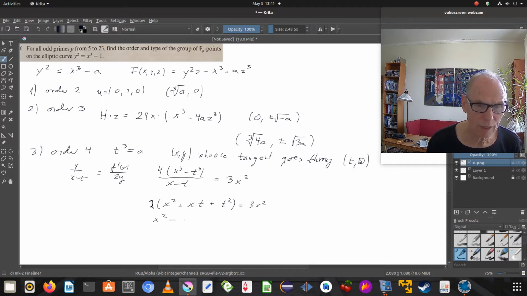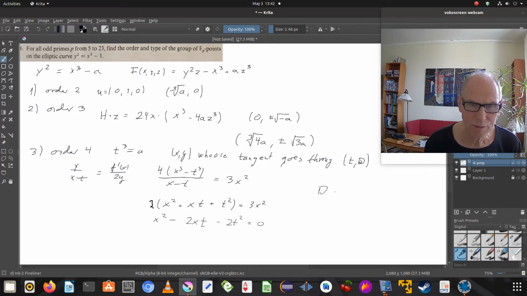X squared minus 2xt minus 2t squared. I set 2xt and then it refuses to write it.